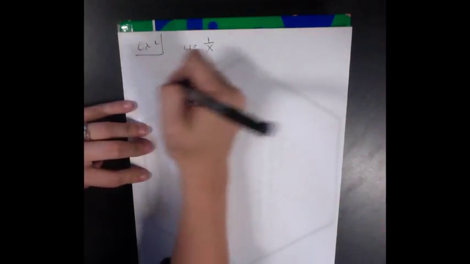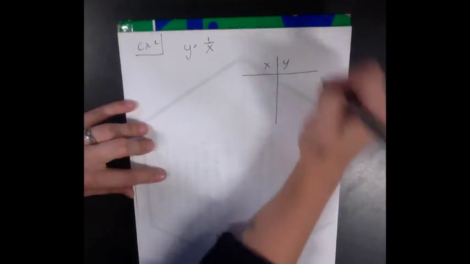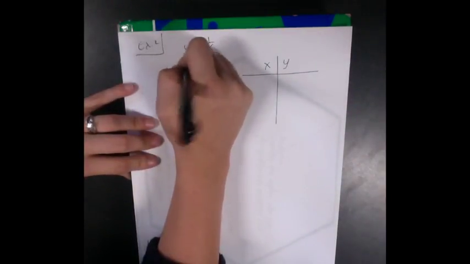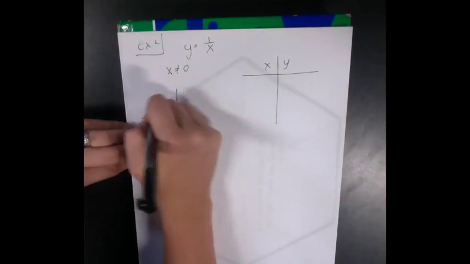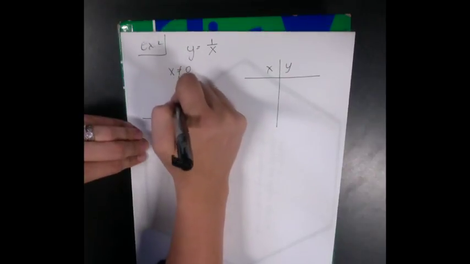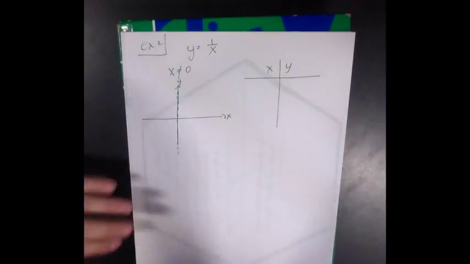All right, we went to sketch. Okay, now we know that x cannot equal 0. So on my graph, I have an asymptote here at x equals 0, and I need to get some behavior to the left and some to the right.